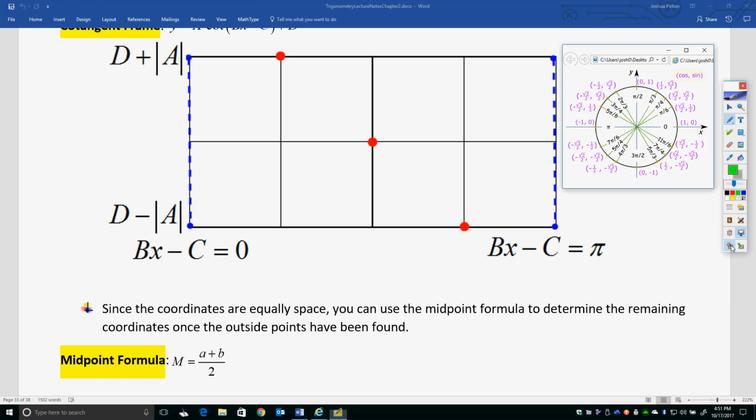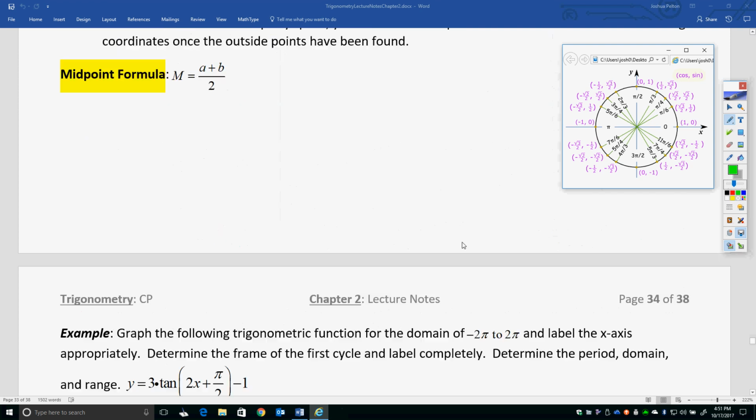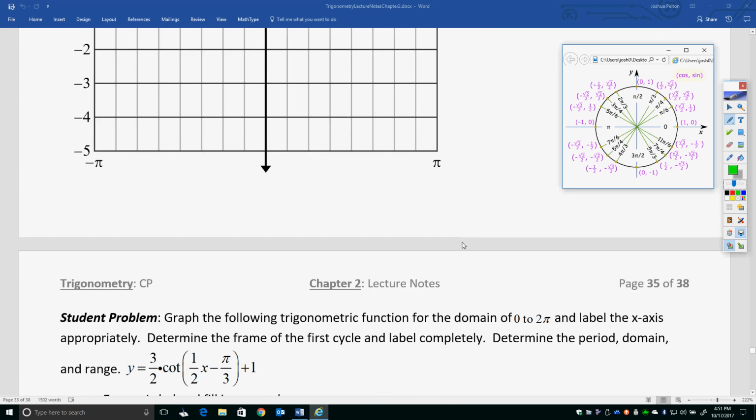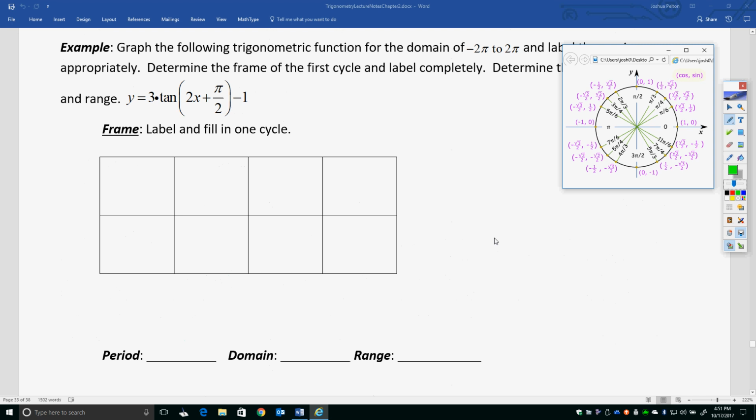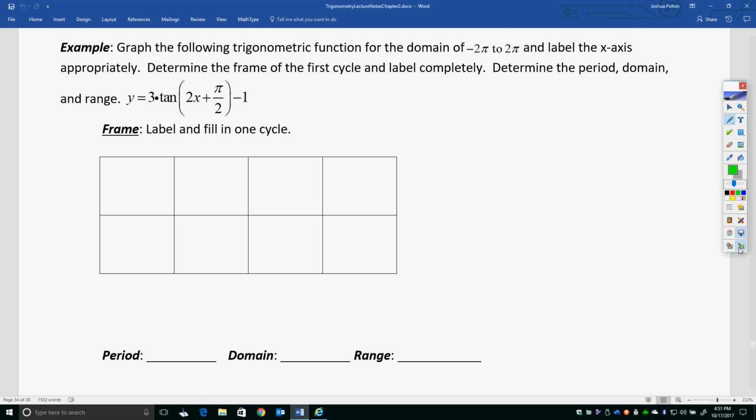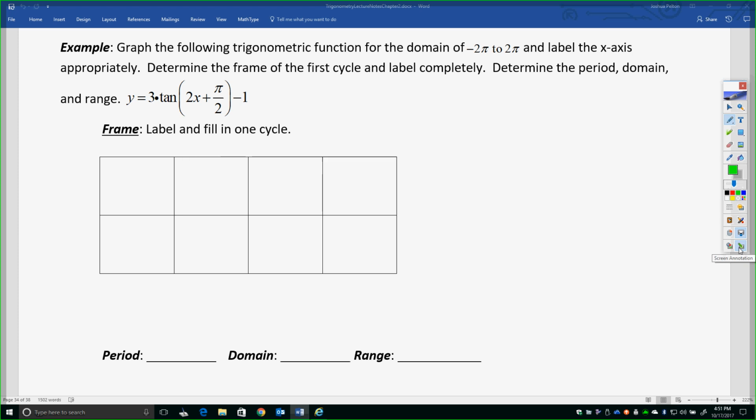Okay, let's do some examples now. The first one is a tangent. For each one of these, we need to put in our asymptotes, and the asymptotes are on the end.